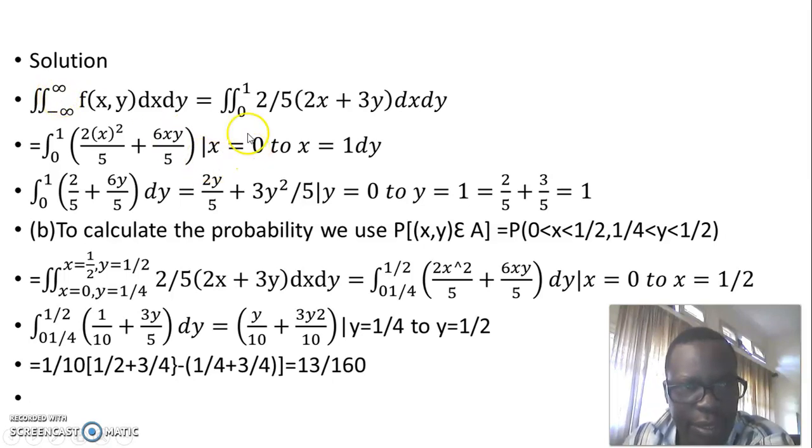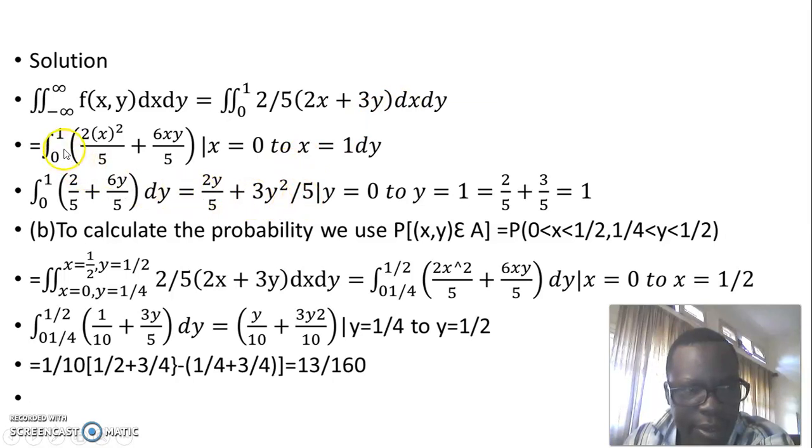But we know that our interval is between 0 and 1. So we shall integrate the joint distribution function 2 out of 5 into 2x plus 3y with respect to x and y. For us to do that, we first need to integrate with respect to x and then with respect to y.